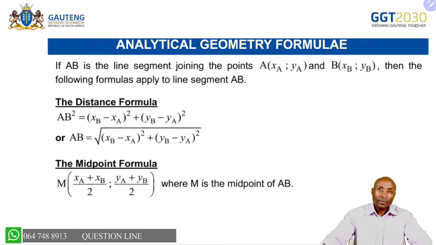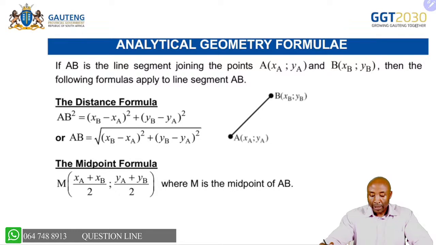Now, just a quick reminder on the formulas that we have for our analytical geometry. We are aware that if we are given a line segment AB, we are able to use our distance formula. It is x at B minus x at A, those are the points.